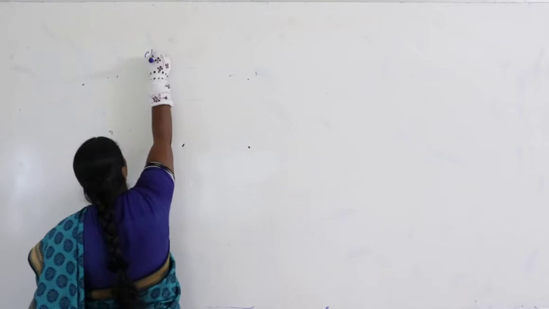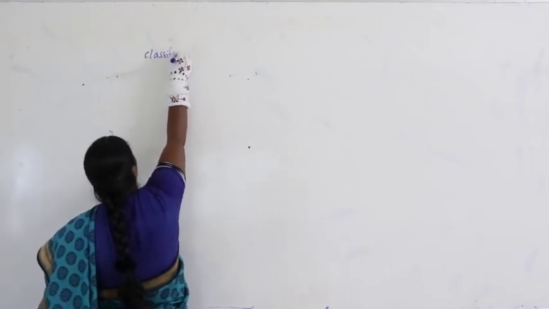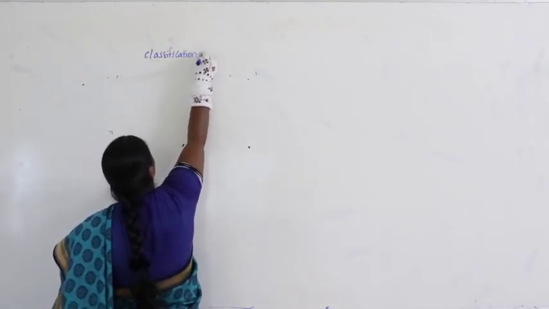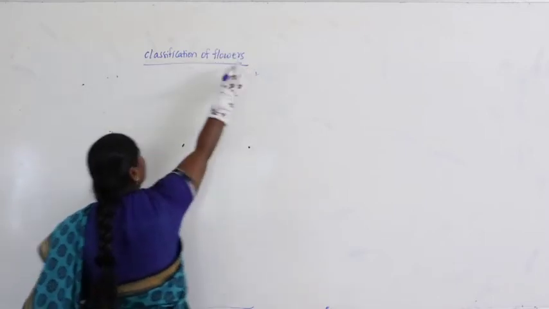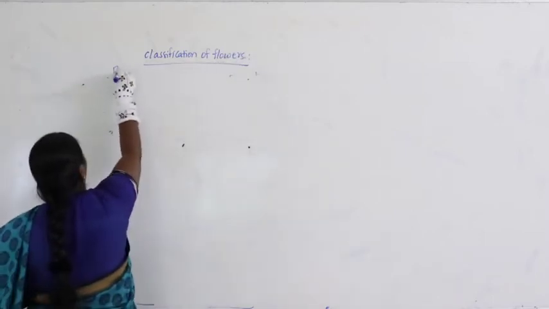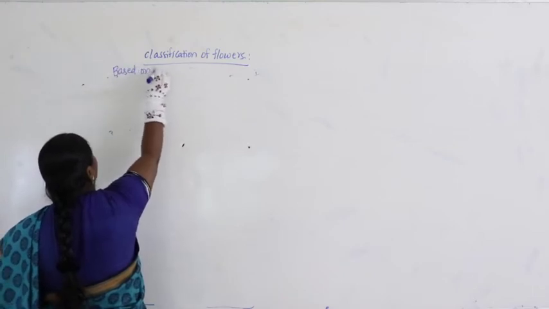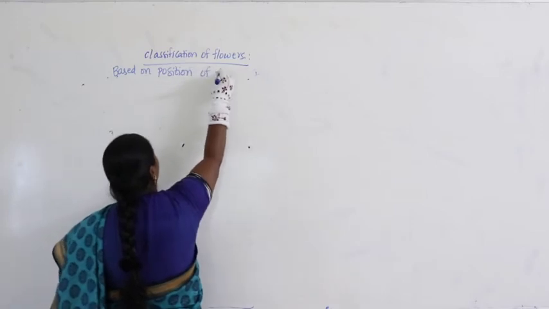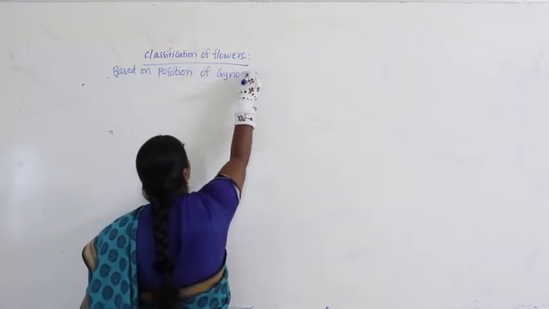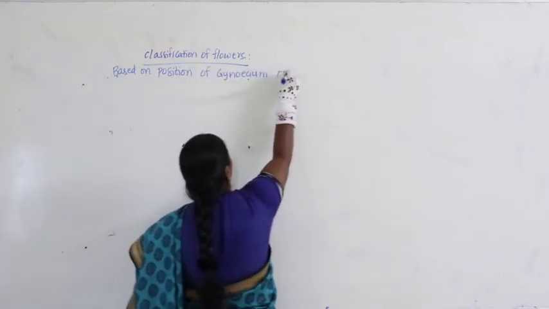So what we are discussing, again I am writing classification of flowers. Here based on what? Based on position of gynoecium on thalamus.